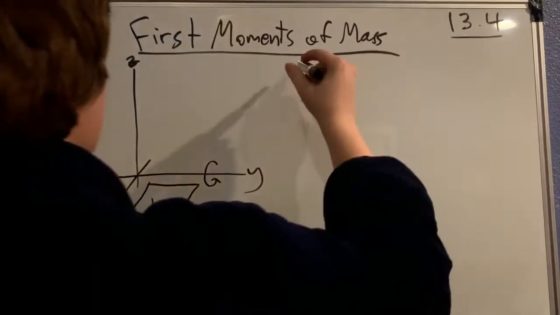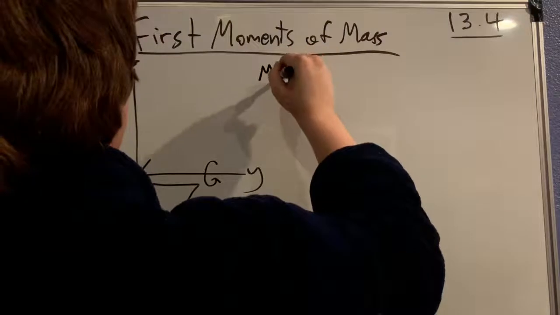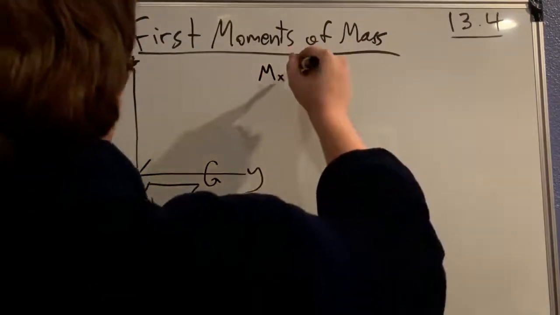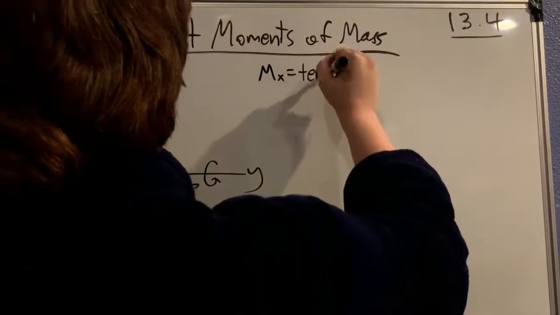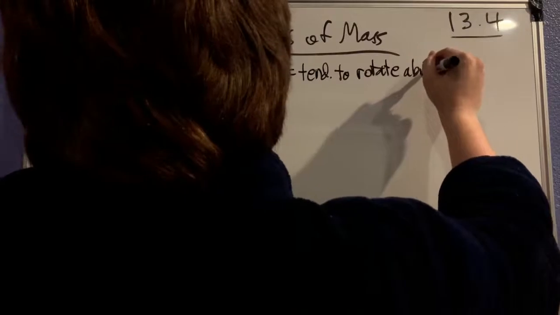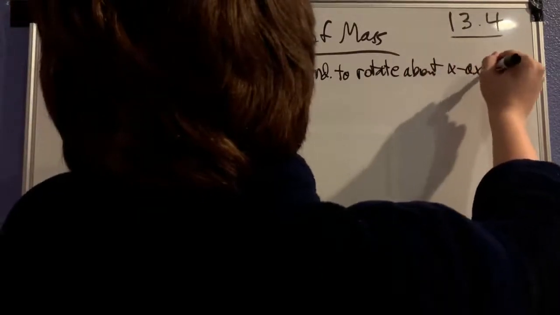Now, if you could guess, m sub x is the moment of mass with respect to x, and that is the tendency to rotate about the x-axis.